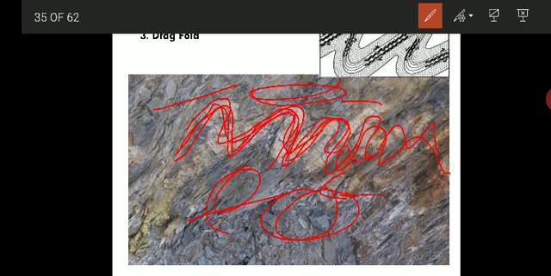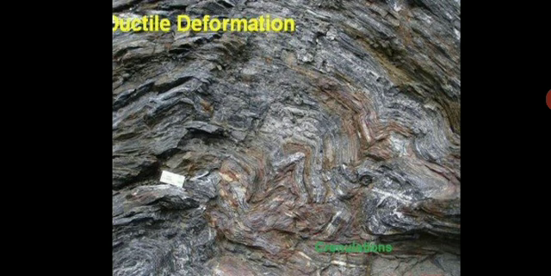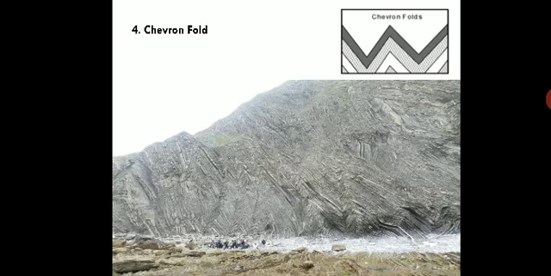That is called a drag fold. In this image also you can see only the limbs. On the limbs you can see the weaker rock that has undergone a dragging effect. So such minor folds are called drag folds. Here you can see the ductile deformation.